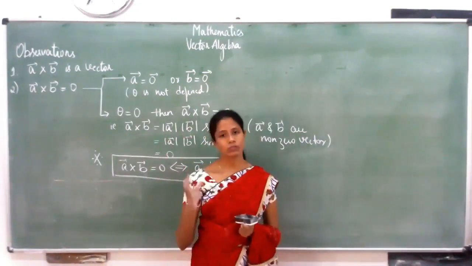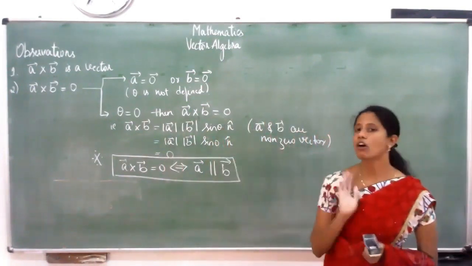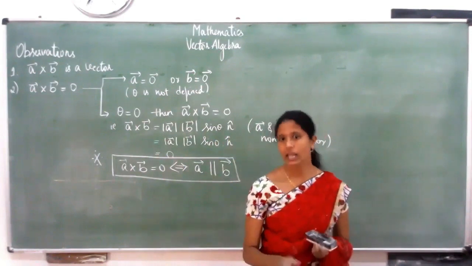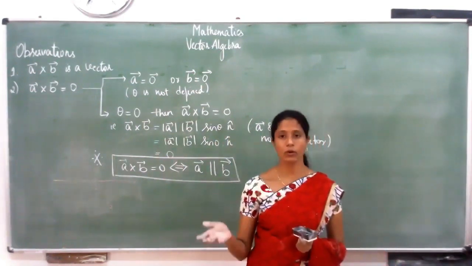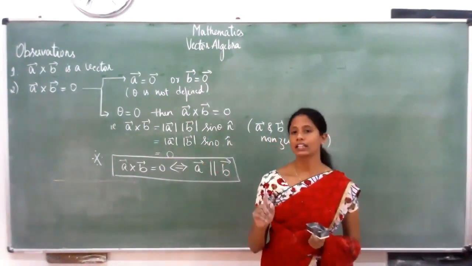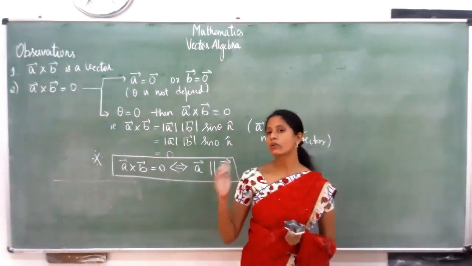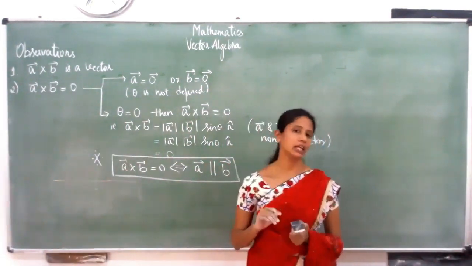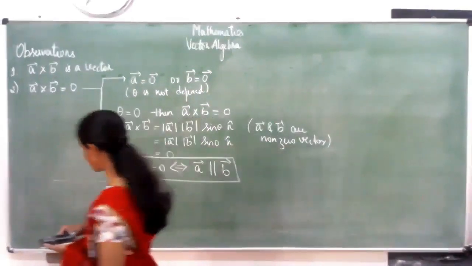The second case is where both vectors, vector A and vector B, are non-zero vectors, but still the cross product between them is equal to 0, where the two vectors are parallel. Under the condition when the two vectors are parallel, definitely the cross product between them will be equal to 0. Next, moving on to the next observation.